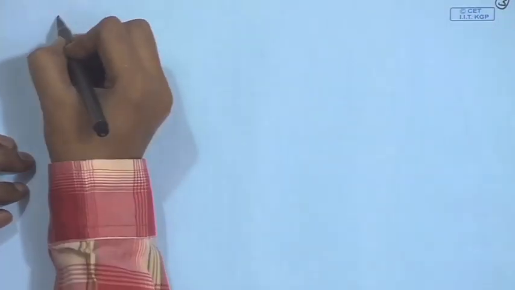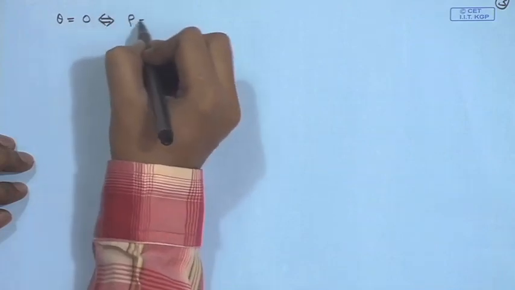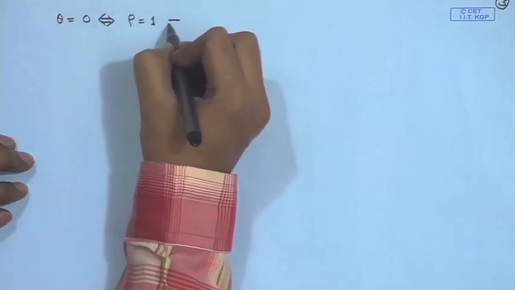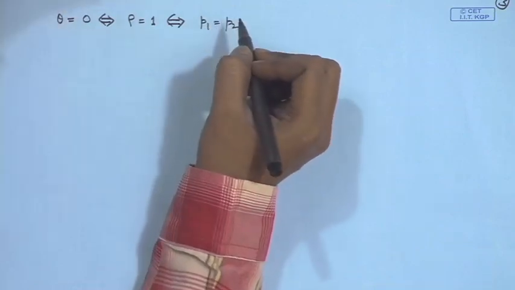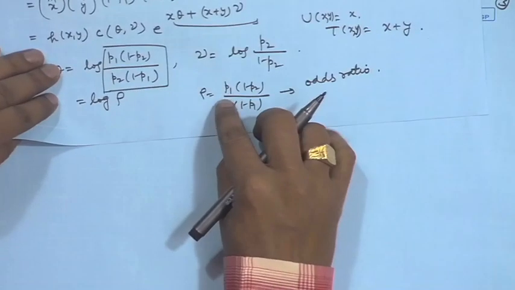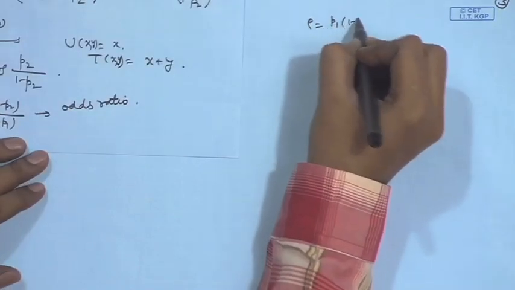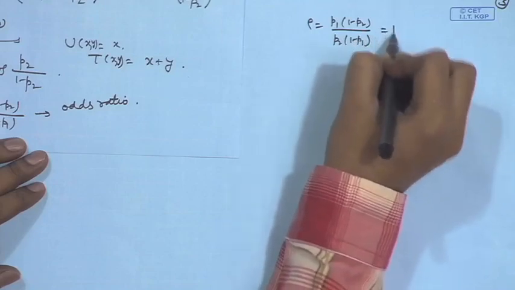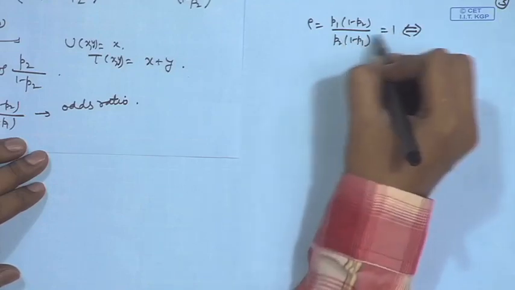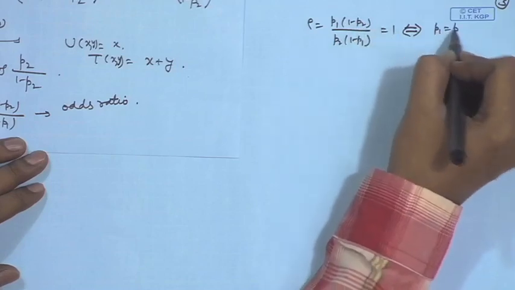Now, let us see, if I consider theta equal to 0, theta equal to 0 is equivalent to saying rho is equal to 1, and rho equal to 1 is equivalent to saying p 1 is equal to p 2, because rho is this quantity. So, if I say rho, that is p 1 into 1 minus p 2 divided by p 2 into 1 minus p 1, is equal to 1, then if I expand, p 1 p 2 will cancel out, and you will get p 1 equal to p 2.